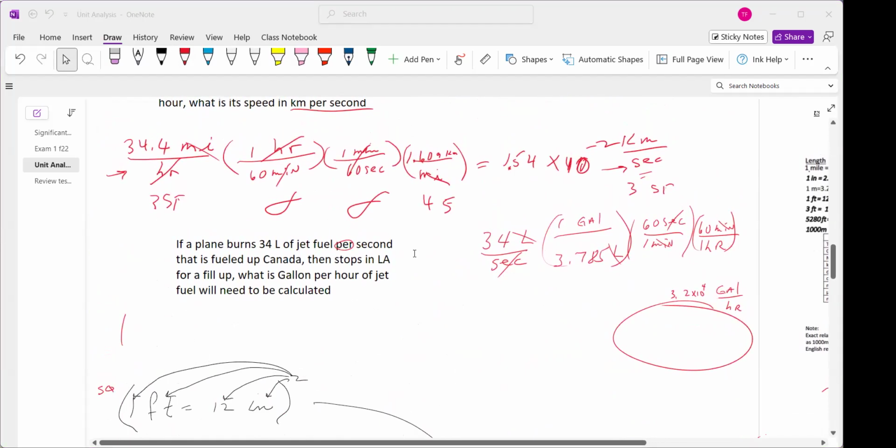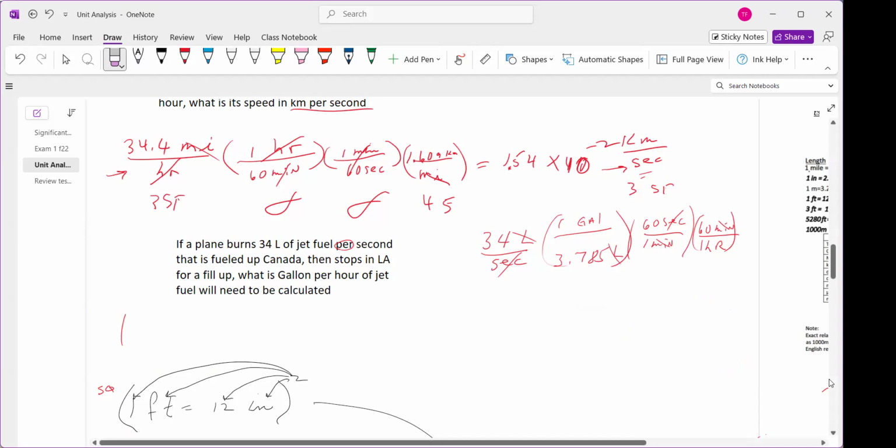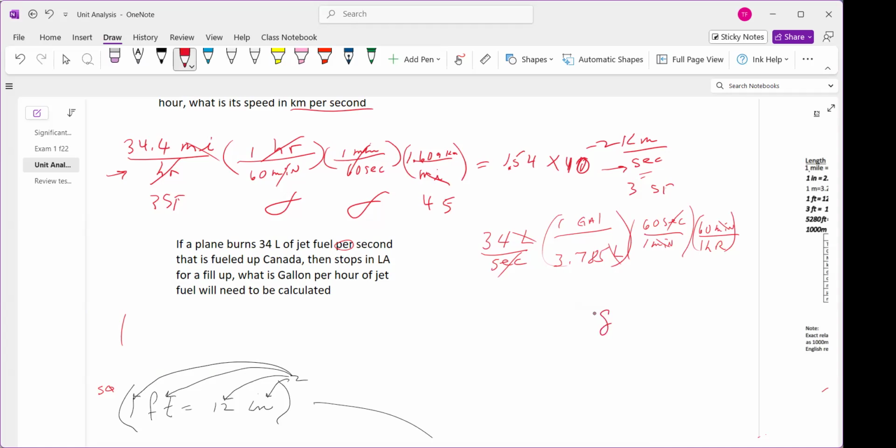Okay, a plane burns 34 liters of jet fuel per second. We need to end up with gallons per hour, and we're starting with 34 liters per second.